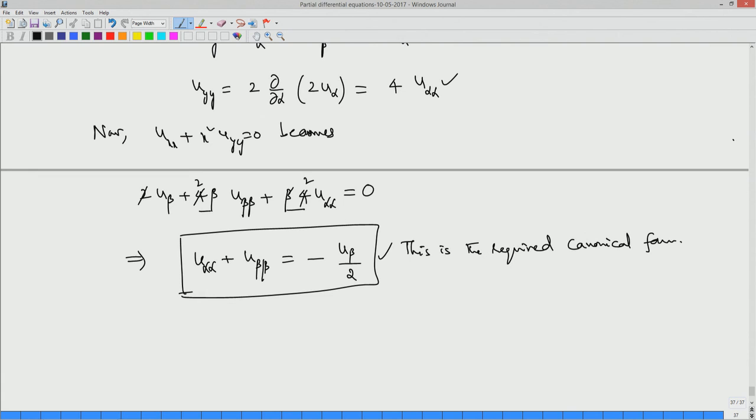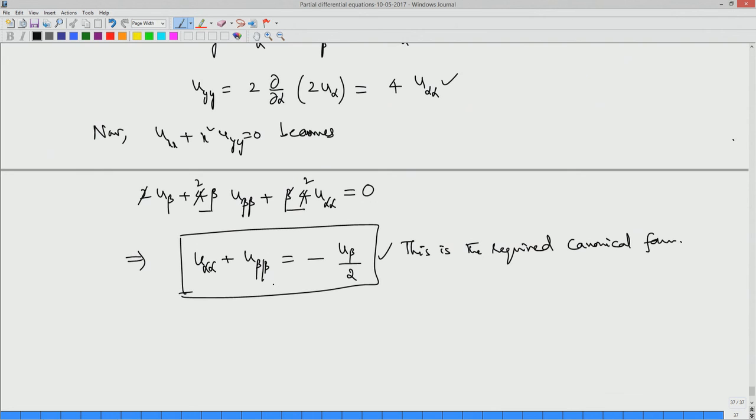With any new variables xi and eta or alpha and beta, the equation becomes u alpha alpha plus u beta beta plus lower order terms equal to 0. Even if there are no lower order terms, you cannot solve u alpha alpha plus u beta beta equal to 0, because we do not have a method to solve it. We will see the methods later on for how to solve the Laplace equation.